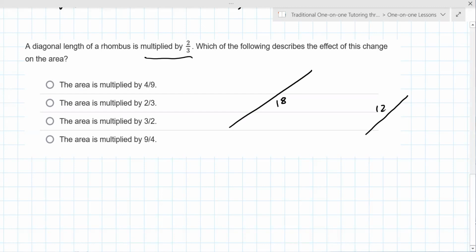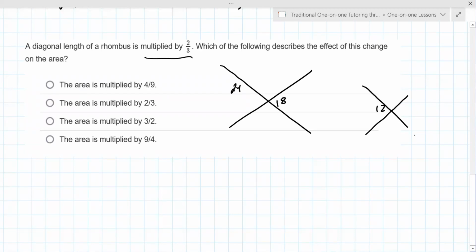Now the problem is that if you don't make them both change, like here's the other diagonal of the rhombus. Is that also 18 or is that a different number? Well, they both have to change. You can't have them be the same. We don't know what it is, but let's just say it was 24.